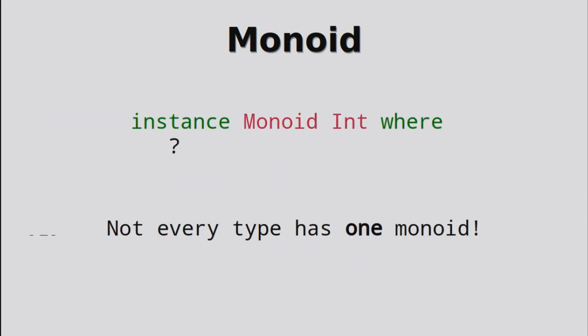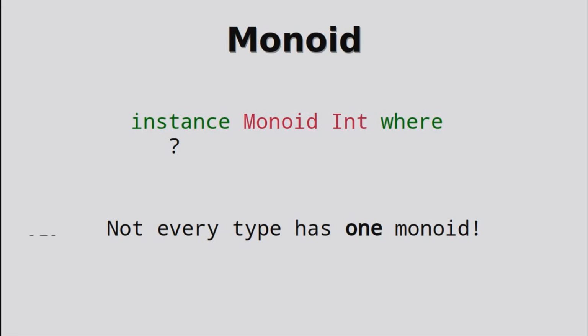Okay, so let's look at a little problem that we have. What is the instance for a monoid for ints? What is the associative operation that we want to have for ints? Well, the important thing to note is that not every type has exactly one monoid.